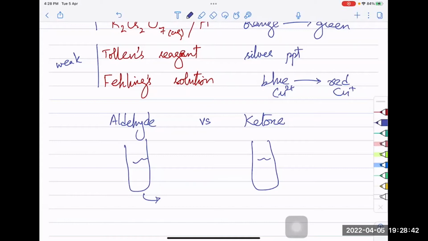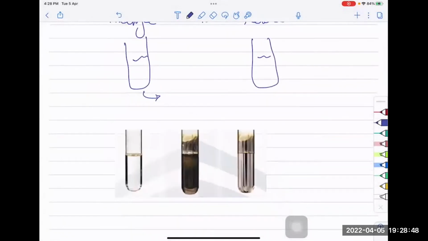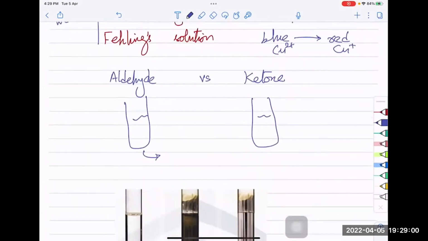I will add it to a colorless thing and I will get this precipitate in there. ठीक है, this is a silver mirror test and this is what I get with Tollens reagent. ठीक है, and if I use that thing Fehling solution, it will give me a red precipitate.